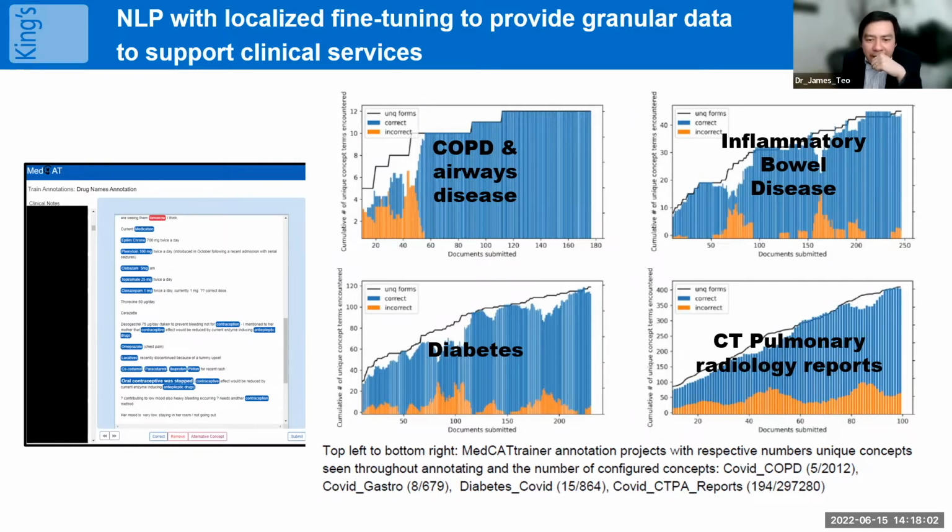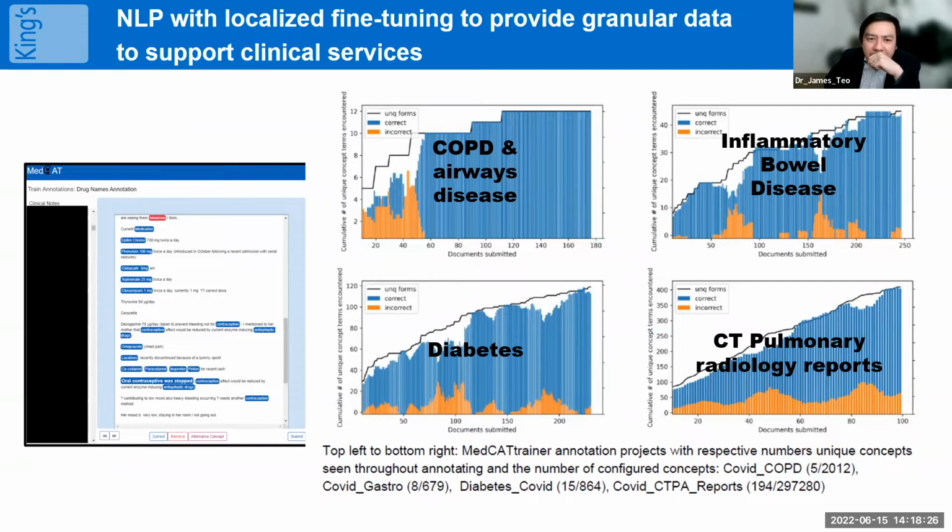And a lot of this happened during COVID, when we had a streaming amount of data in, and we had lots of clinicians who wanted to help us annotate free text and attach them to SNOMED concepts. As you can see here, there are 4 examples in which people were labeling, one for the upper left, COPD and various airways disease.